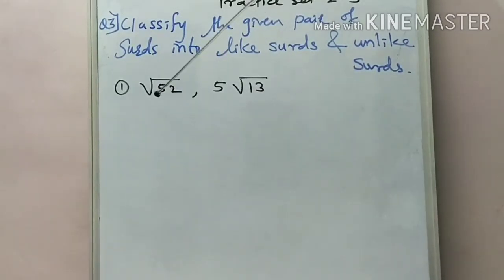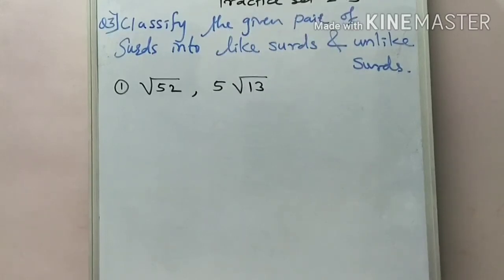So in the first example, we are given the pair root 52 and 5 root 13. According to the concept of like and unlike surds, you observe here that the order is the same, but the radicands are not the same. But yes, as we notice here, root 52 is the first given surd, and its radicand 52 can be factorized, and one factor we get is a perfect square number, and the second one is 13.